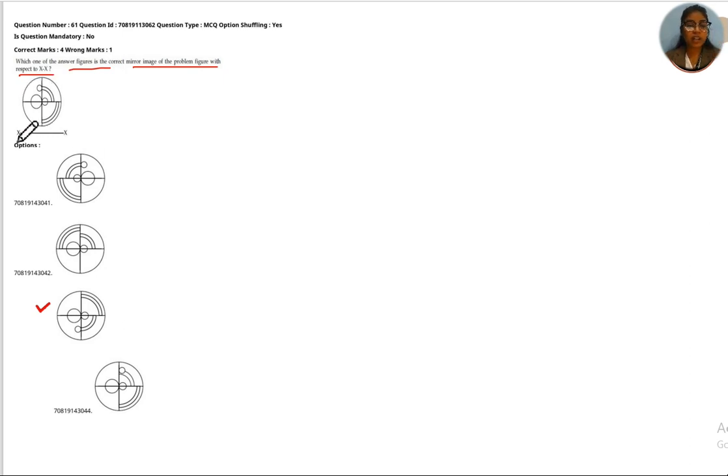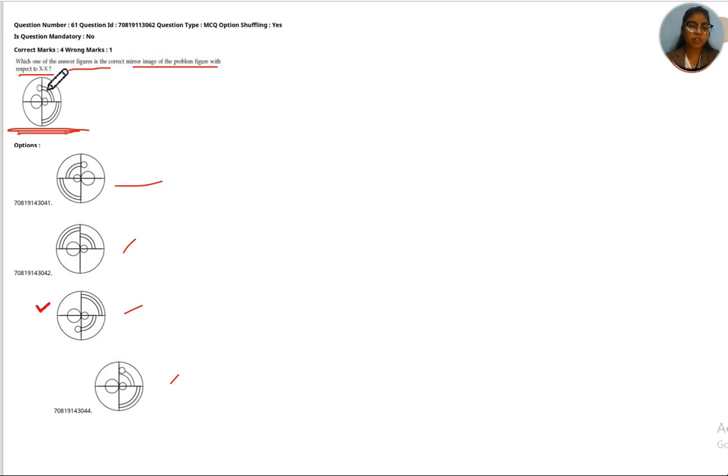So here what they have done, they have given it parallel to your figure. So now first start eliminating the options, then find the solution. So A, B, C, and D. There is a difference of this circle. This circle is in A, but B doesn't have it, C has it, D also has it.